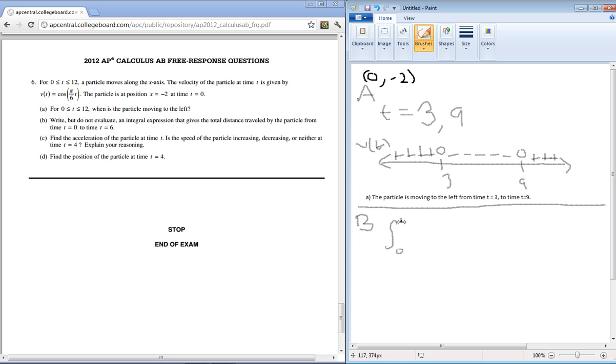So from 0 to 6 of... Do not evaluate this. I think that sounds too easy. T D T, total distance traveled, absolute value.